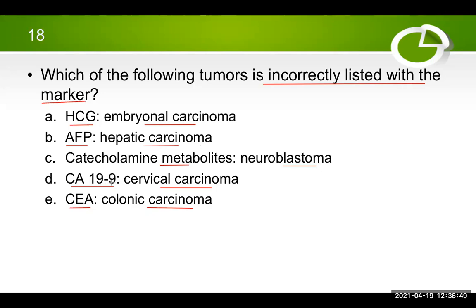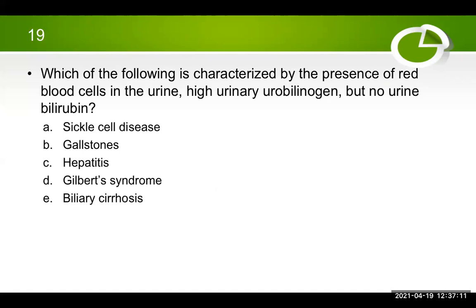CA19-9 is specifically related to pancreatic cancer. Very good. Don't forget that. And carcinoembryonic antigen may be present in colonic carcinoma as well, but it is very non-specific. It is seen in so many other cancers. The answer is D.